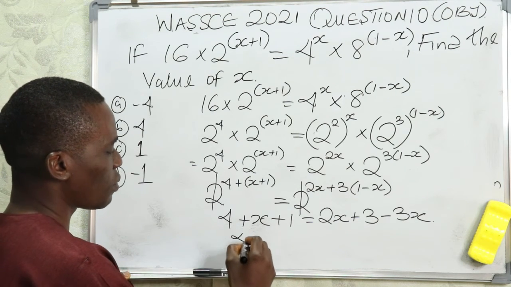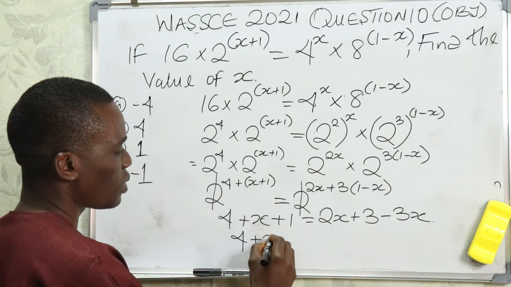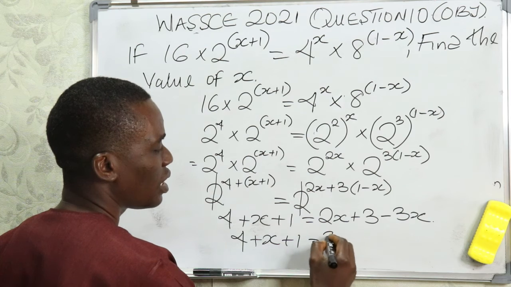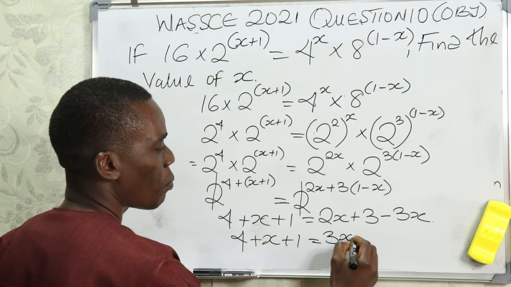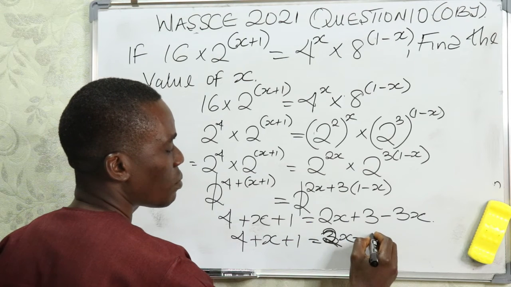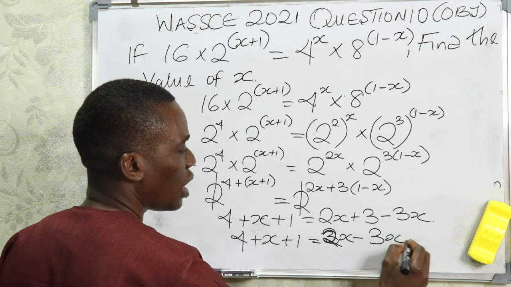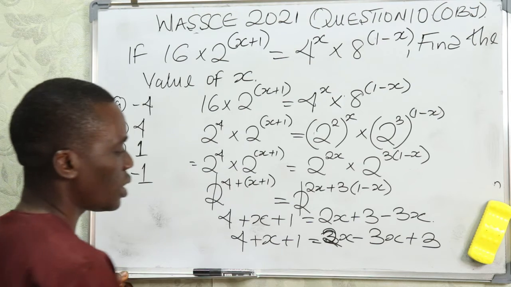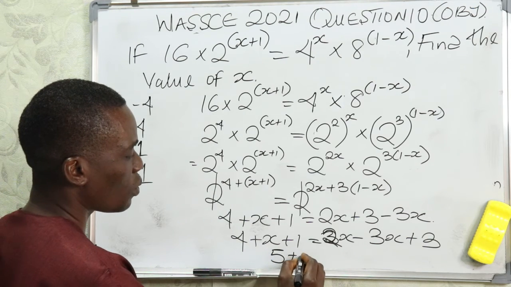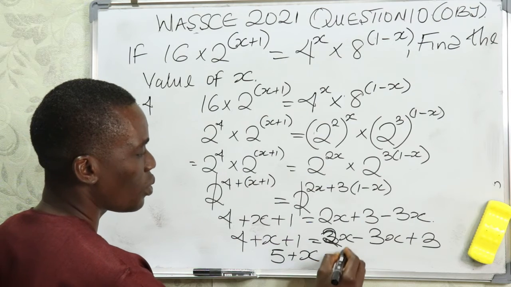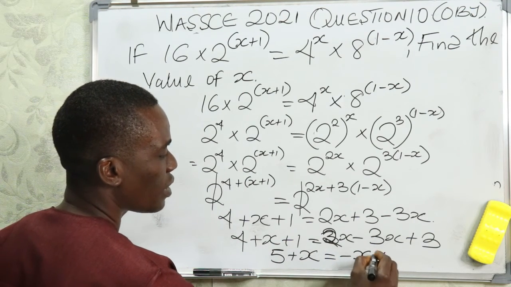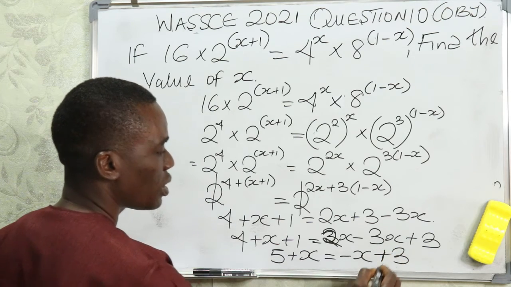So this will give us 4 plus x plus 1 equal to 2x minus 3x plus 3. 4 plus 1 will give us 5 plus x equal to minus x plus 3.